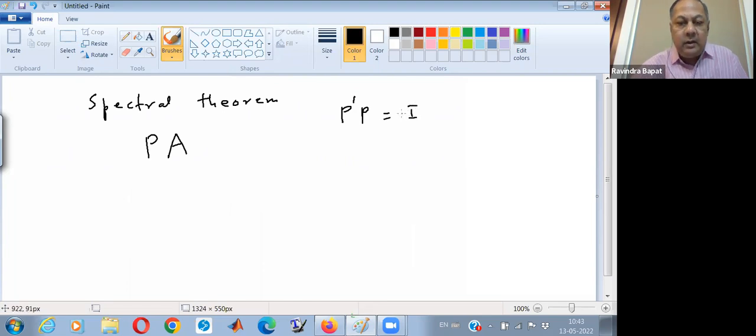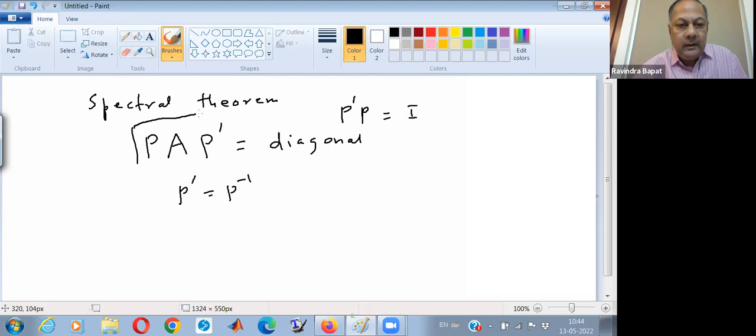Again, in the complex case it will be unitary, but let's not talk about that. I'm talking of real symmetric. So there's an orthogonal matrix P such that PAP transpose is a diagonal matrix, and those diagonal elements are then the eigenvalues because A and P dash are similar. P dash is P inverse if P is orthogonal. So that is the spectral theorem.